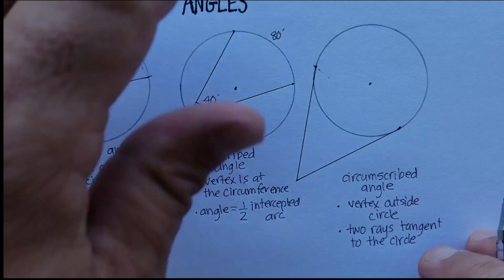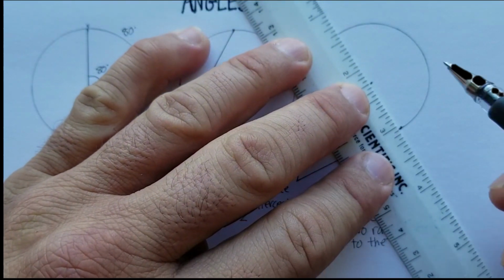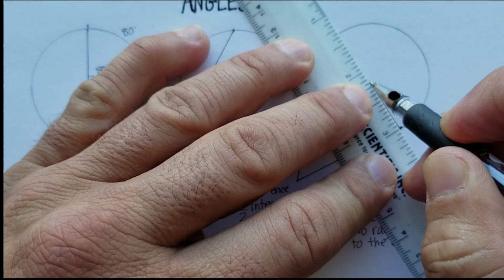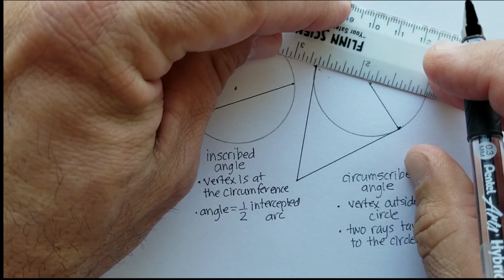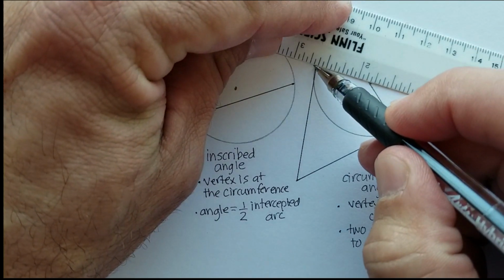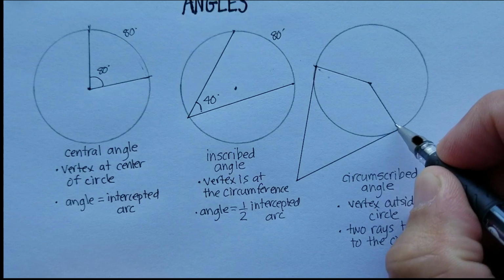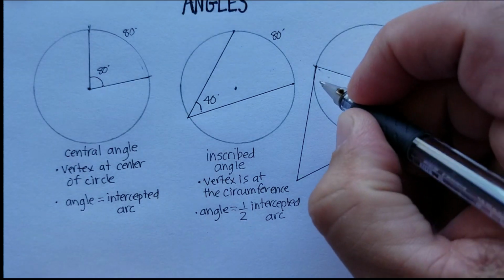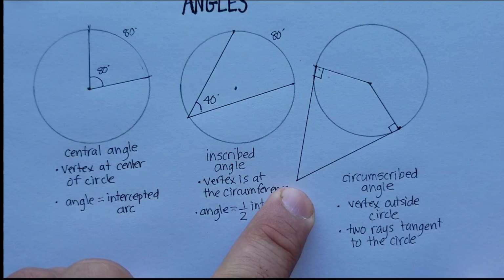The cool thing about tangent lines is that if you were to draw a line from where it intersected to the center of the circle, like that, and another one like that, the angle that it forms is always 90 degrees.